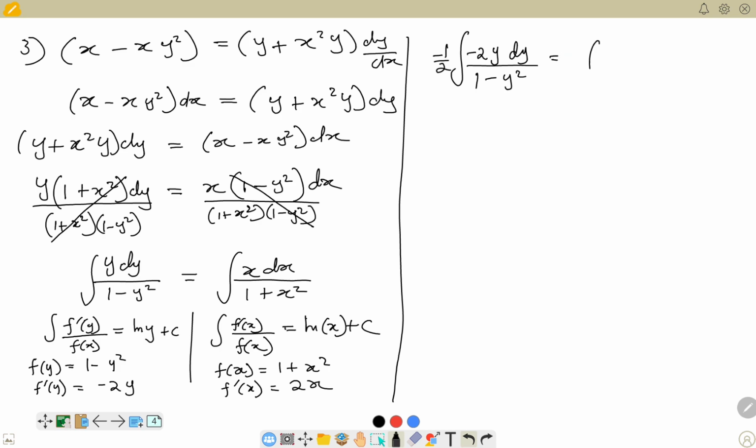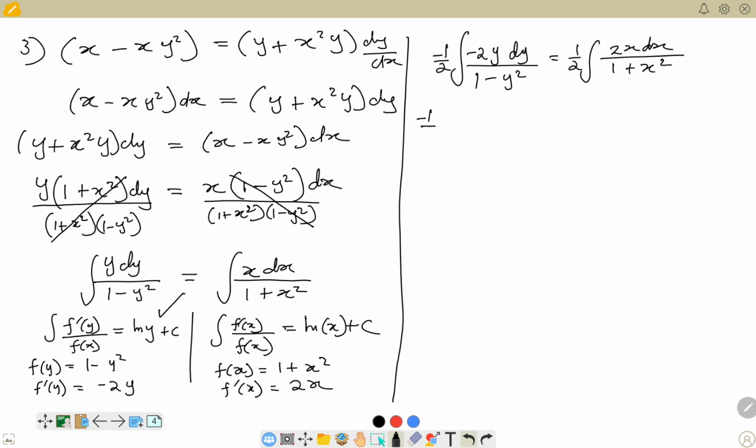And then on the side of x, we introduce the 2 and multiply by positive half, 1 plus x squared. Okay, now we are safe to use this formula.